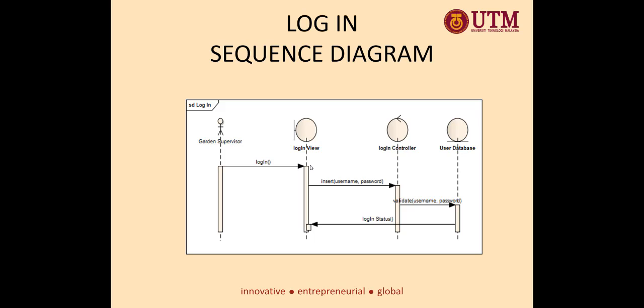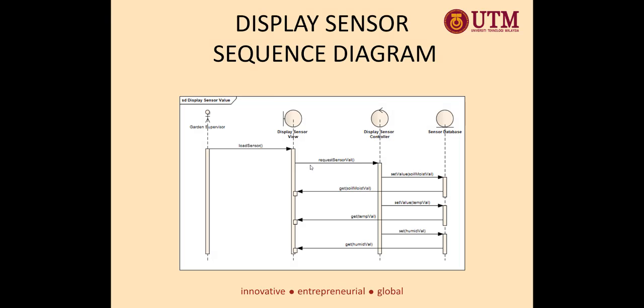So this is the login sequence diagram. As you can see, the garden supervisor has to log in by inserting the username and password, and the controller will validate the username and password from the database, and if the credentials are accurate, the user is able to access the system.